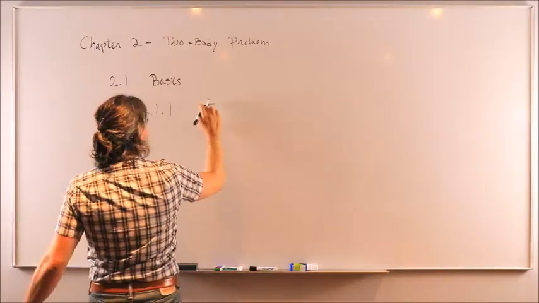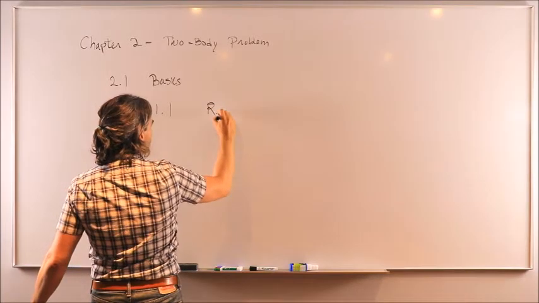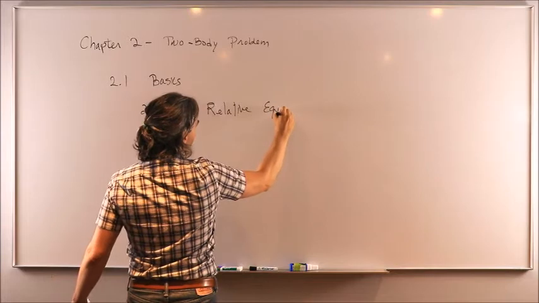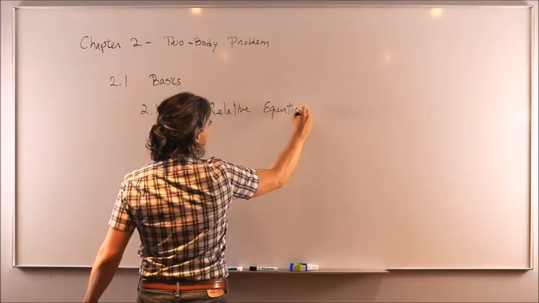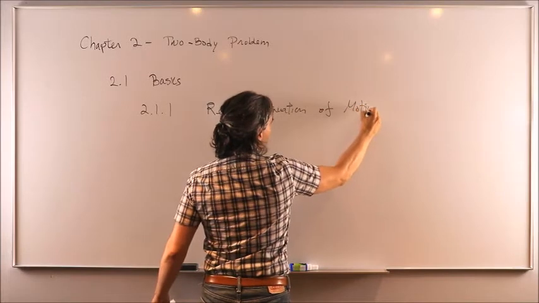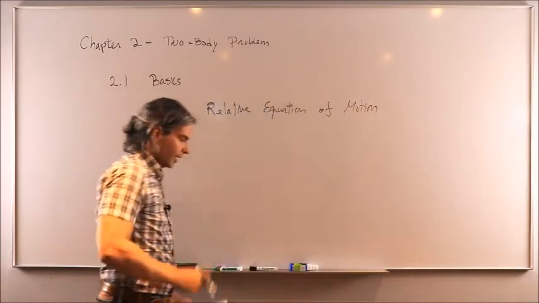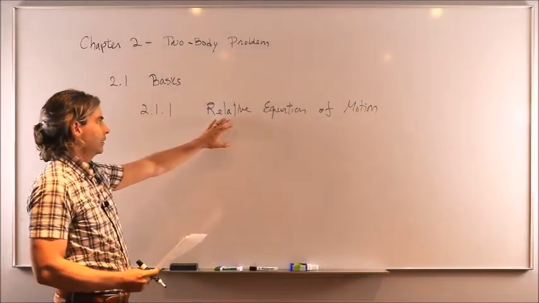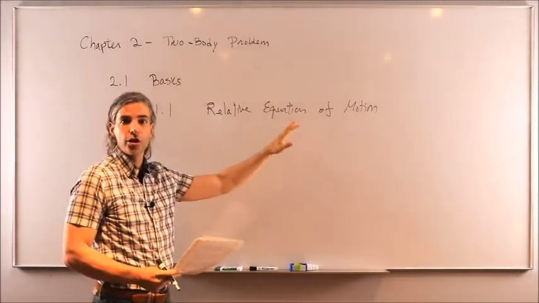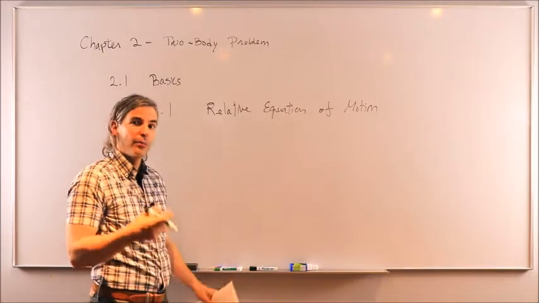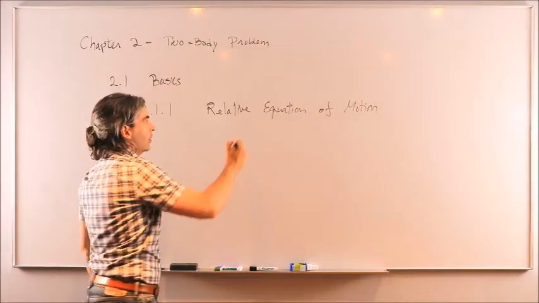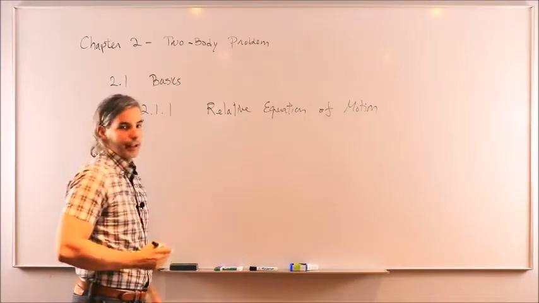So we're going to call this section relative equation of motion. Now, the reason why I call this section the relative equation of motion and not just the equation of motion is because the motion of our spacecraft will be measured relative to the planet. Okay?